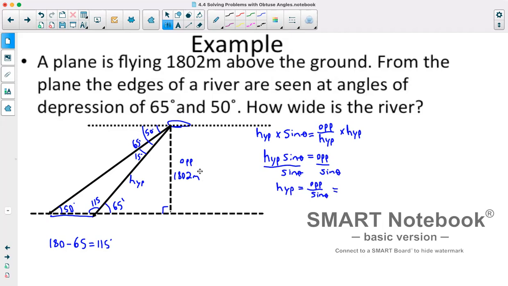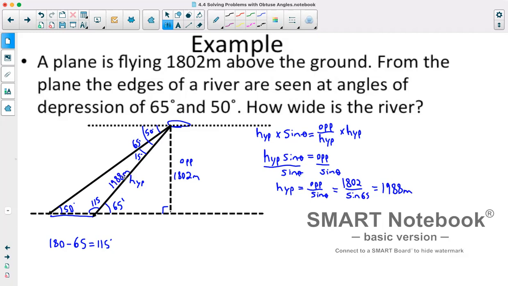In this case, our opposite is 1,802 meters divided by sine of 65. And that gives us 1,988 meters. So label that.